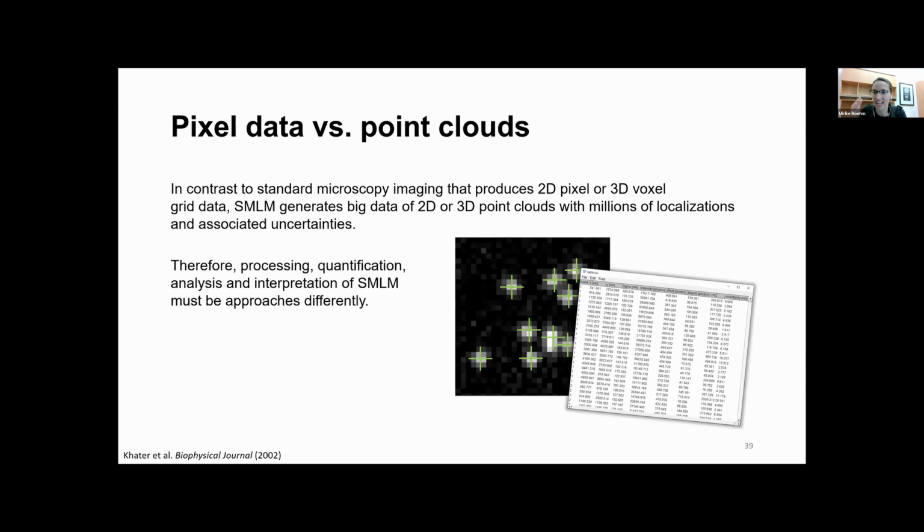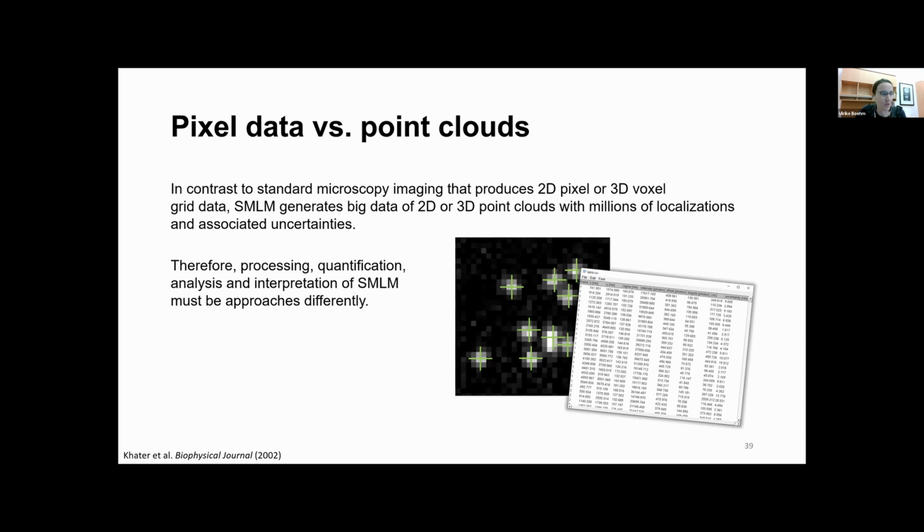So the analysis of intensity-based or 2D pixel and 3D voxel-based grid data has already been there since the first CCD camera.